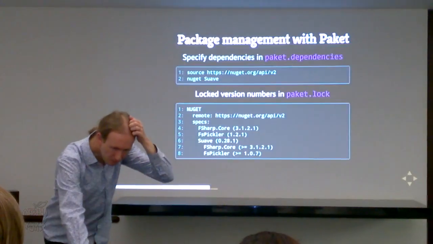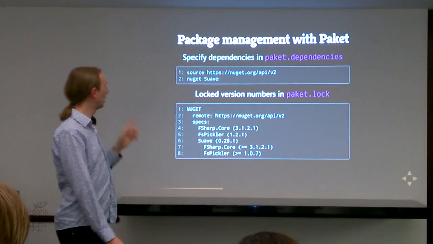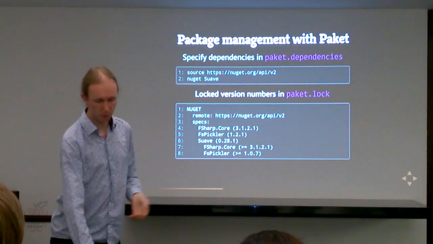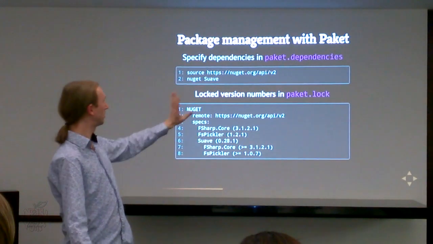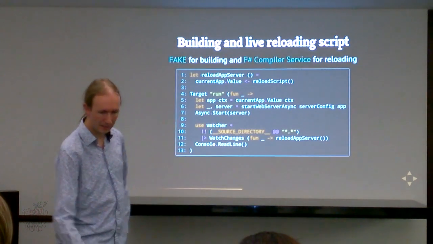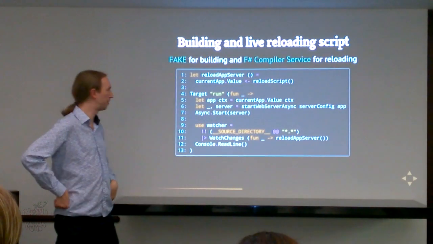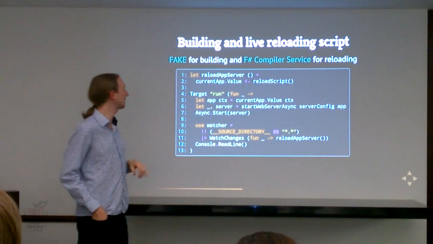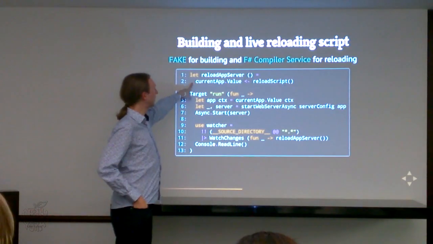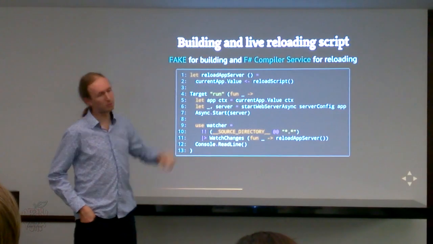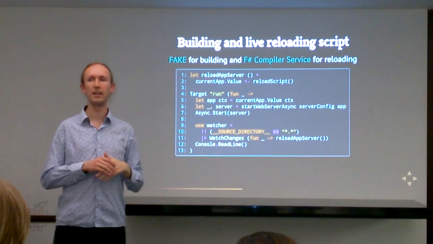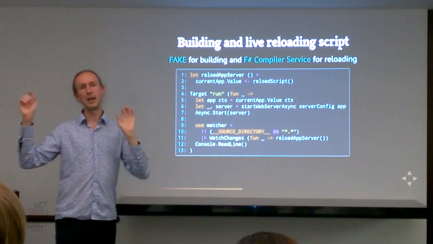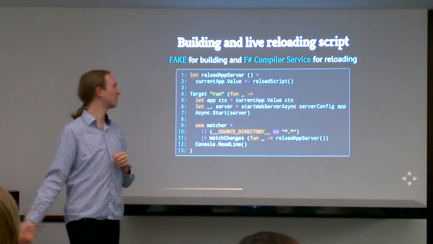All right. So I talked about Paket as well. I'm just using it to get my dependencies, but again, you could work with NuGet. I said how it has these two different files, and I didn't say very much about the FAKE build script. So this is actually the code that's running behind the scenes. There's a reload script function, which I'm not showing here, but that's using the F# compiler service, where you can start F# interactive and tell it, load this file, give me this value.